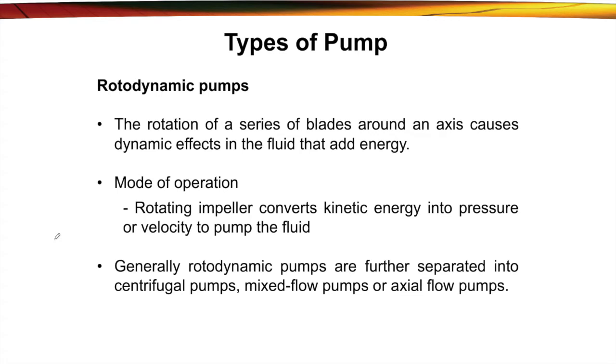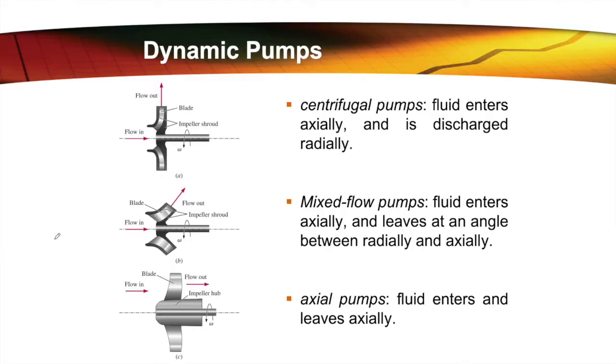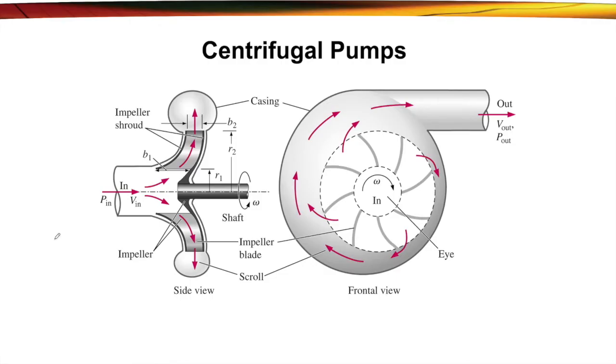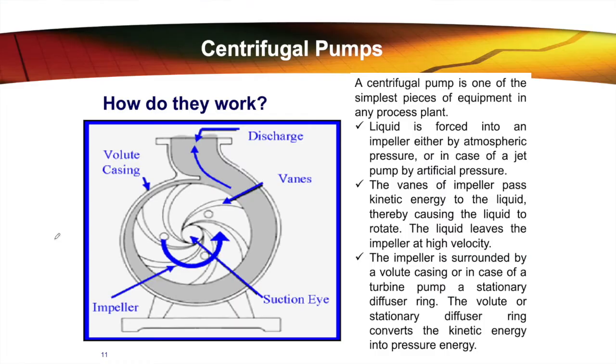So rotodynamic pumps: a rotating impeller converts kinetic energy into pressure or velocity to pump the fluid. An example is centrifugal pumps, and I will explain a little bit more on the centrifugal pumps after this. So this is centrifugal pumps. The centrifugal pump is one of the simplest pieces of equipment in any process.